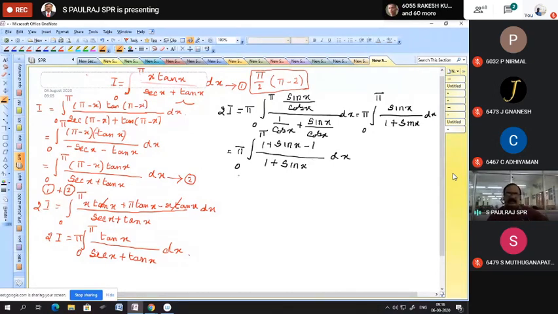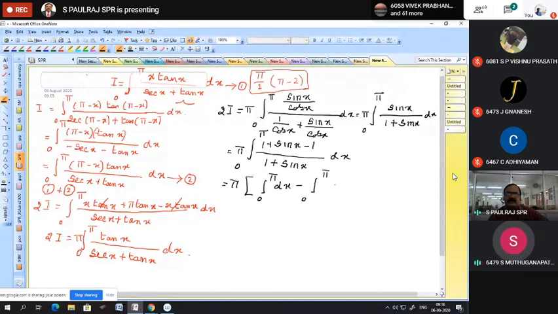So now write pi into bracket open integral 0 to pi of 1 dx, the 1 plus is cancelled, minus integral 0 to pi of 1 by (1 plus sin x) dx.